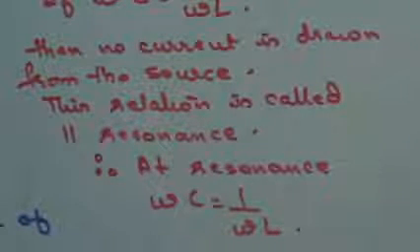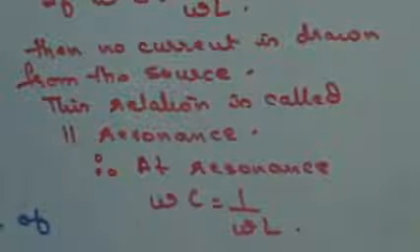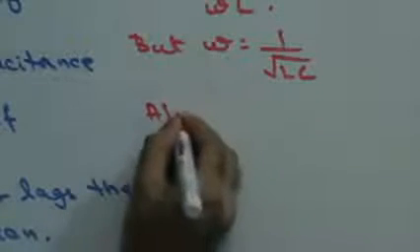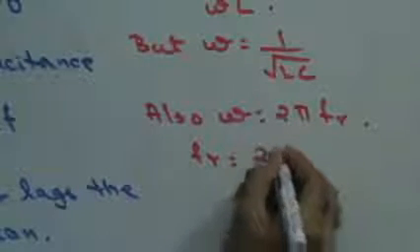But omega we had found out is 1 upon root LC, and omega is also equal to 2 pi f. Also omega is equal to 2 pi fr, where fr stands for resonance frequency.